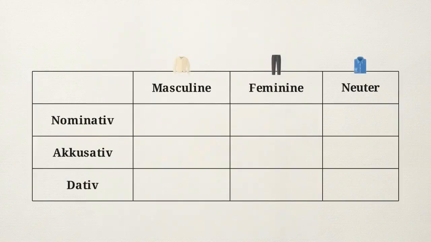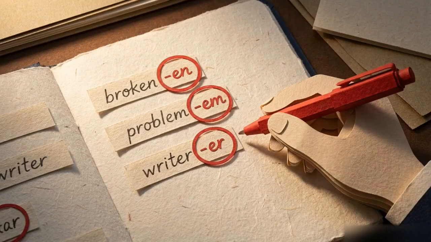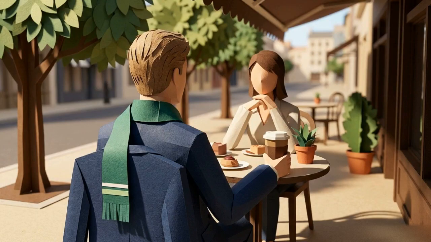This matrix summarizes how indefinite articles change. Nominative is the baseline, accusative focuses on the masculine, einen, and dative uses einem and einer across all three genders. Memorizing these endings provides the underlying logic for your sentences. Following this matrix ensures that your descriptions of clothes and outfits remain consistent and clear to native speakers.